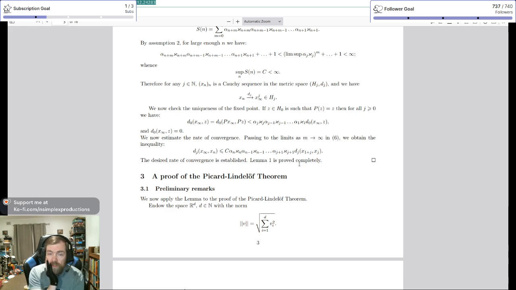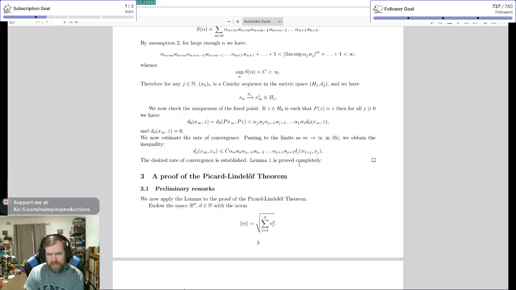We now check the uniqueness of the fixed point. If z in h0 is such that p of z equals z, then for all j greater than or equal to 0, we have d sub 0 of x sub infinity, z is equal to d sub 0 of p mapping x sub infinity, p mapping z.